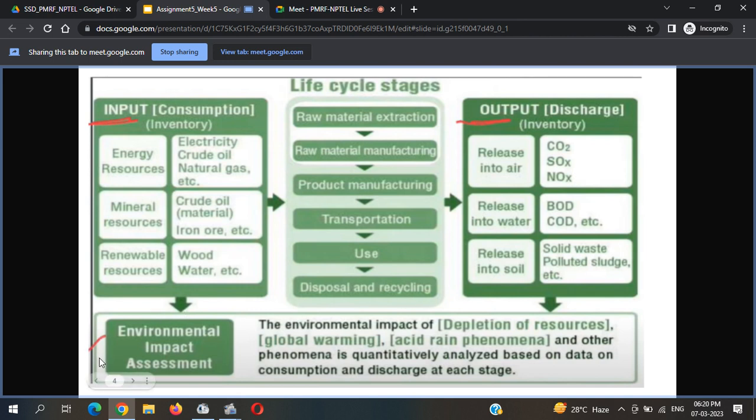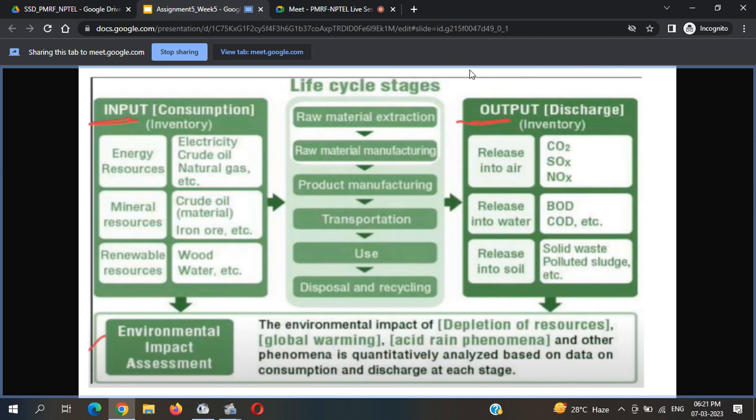So when we calculate the environmental impact that any product has, we see what input goes into the production and manufacturing, and then transportation and use and recycling of that product. And we see what all input that is going into the system, what impact that input is having on the environment.